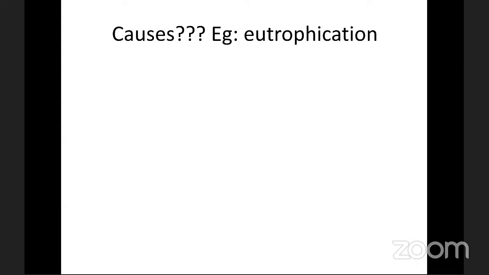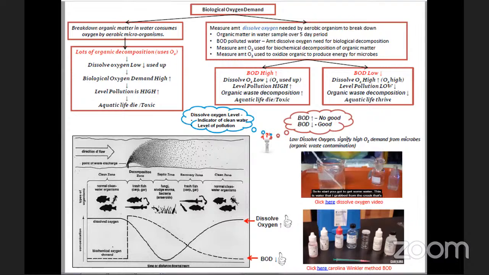Okay. Alright, this is BOD, biological oxygen demand. So BOD and DO is two different things. Dissolved oxygen is something yang we measure the oxygen. BOD, we measure how much oxygen used in that system lah.